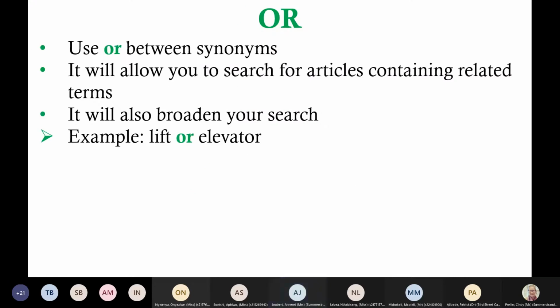And if you use OR between keywords, basically it will be two synonyms combined by OR, then your search will give you more articles because you will have two different sets of articles for the two different keywords.